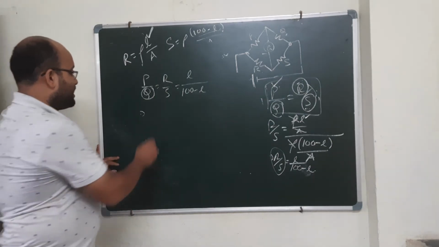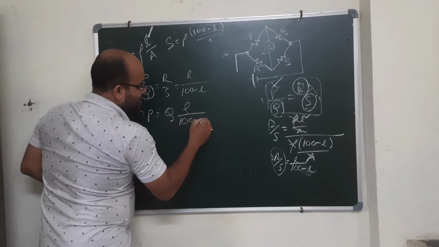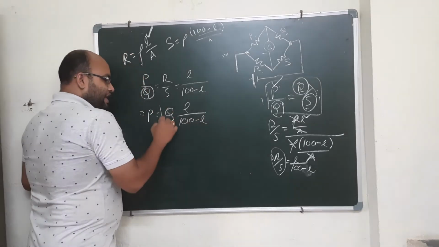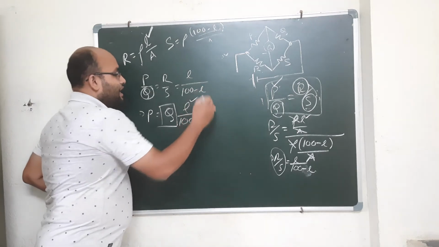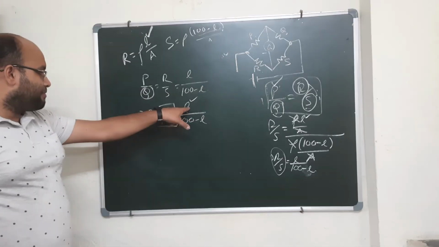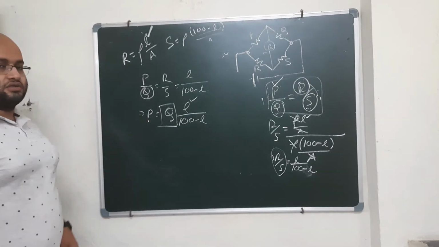I can easily write that P equals Q into L by 100 minus L. So we need a known value of resistance and L, and by this information we can easily calculate the value of the unknown resistance.